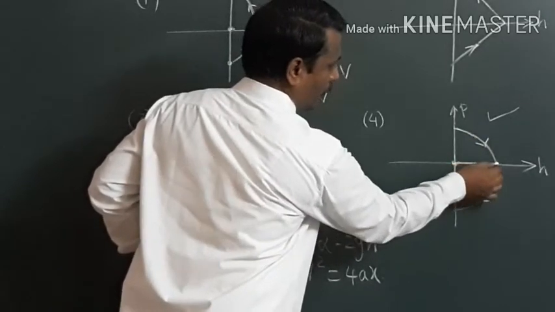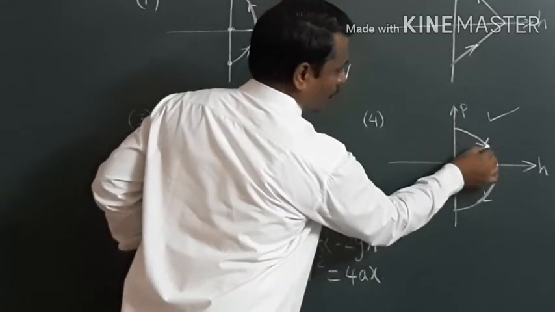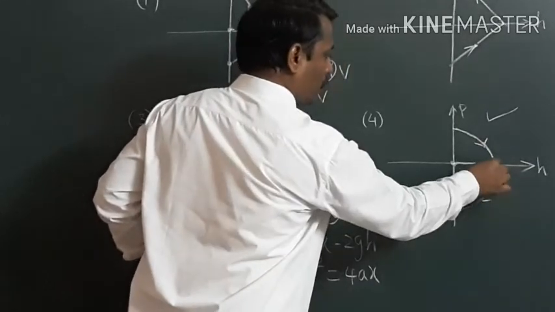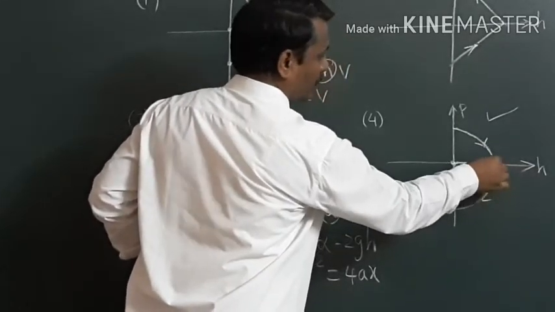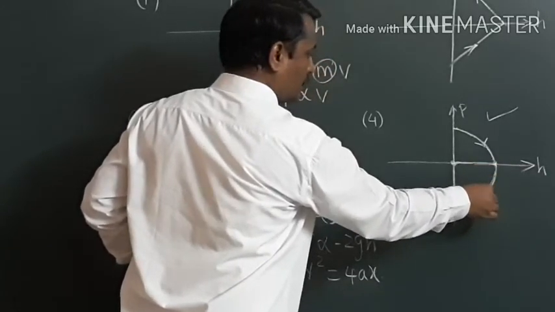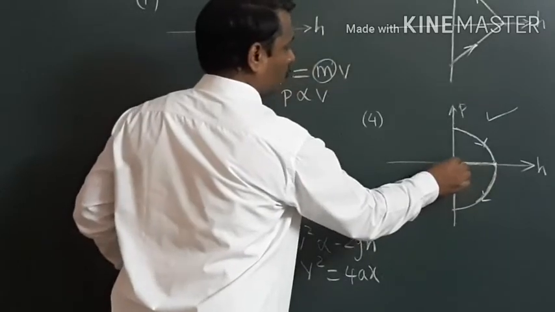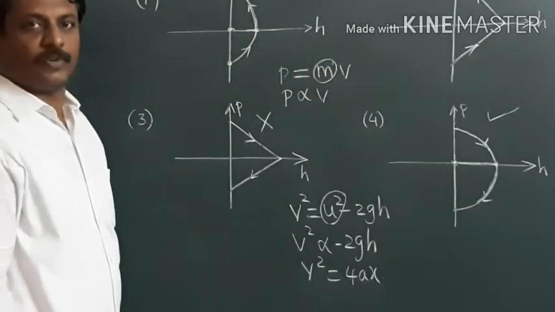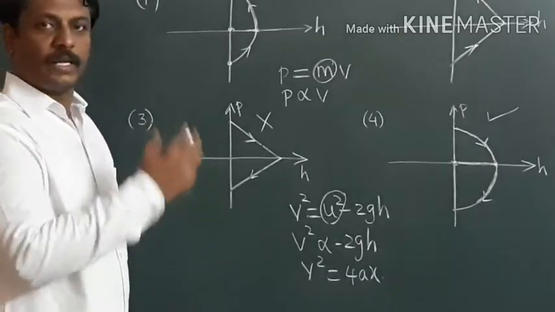And when the height becomes maximum, the velocity and momentum become minimum. Then the ball starts moving in the opposite direction. So as height decreases, the momentum increases in the opposite direction. So this graph correctly represents the motion of a ball thrown vertically upwards.